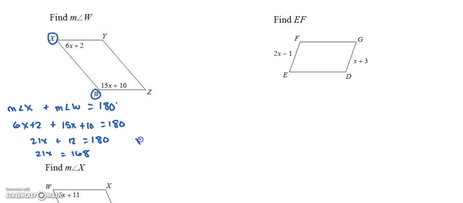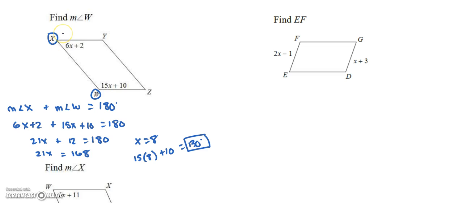And I get x is equal to 8. Now keep in mind, I'm not asking for x. I'm asking for the measure of angle W. So let's plug that in. 15 times that x value plus 10 gets me 130 degrees.